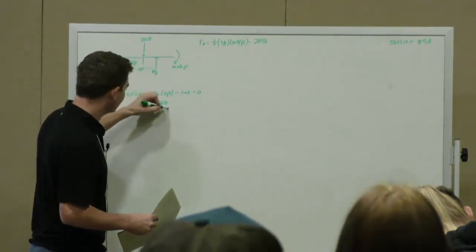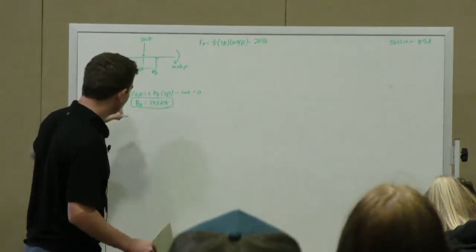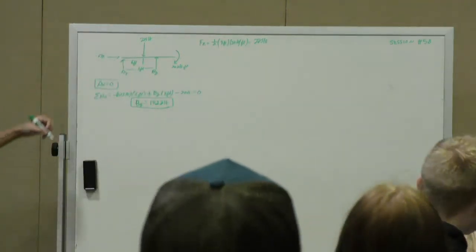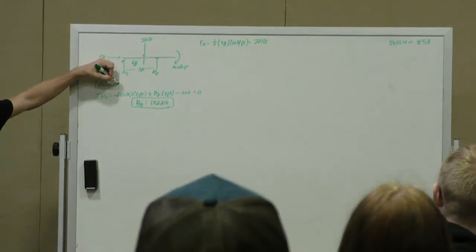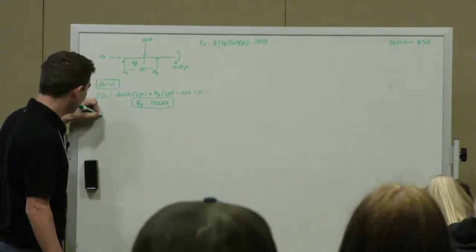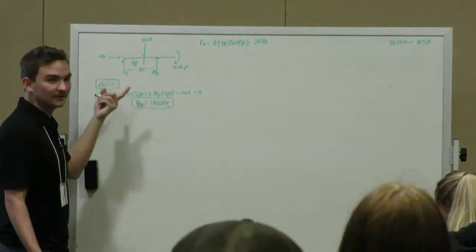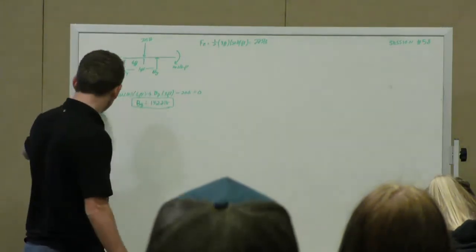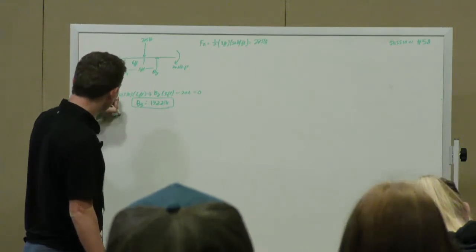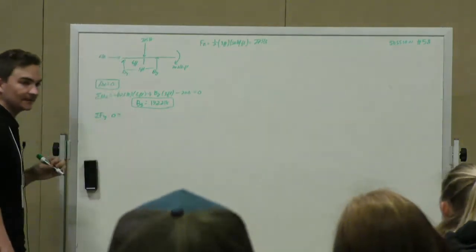So does everyone feel comfortable solving that so far? Yeah. I'll try and write a little bit better. So now, how do we find AY? Yeah, so solving with forces. If you like taking moments, you could take a moment about B now and solve for AY, but typically solving with forces is a little bit easier. So what forces do we have acting in the Y direction?